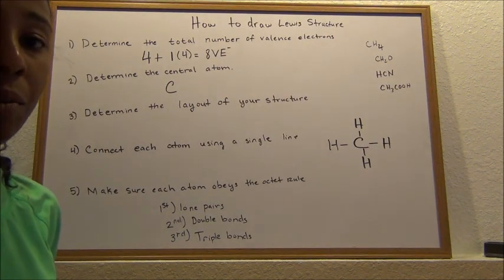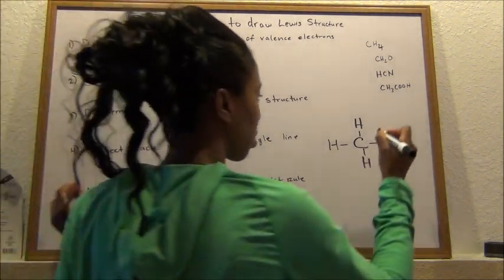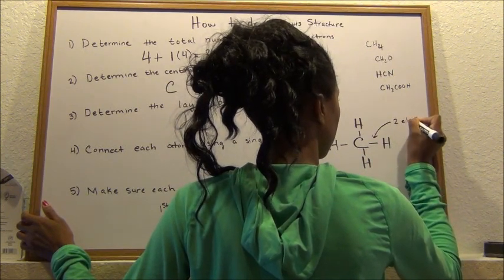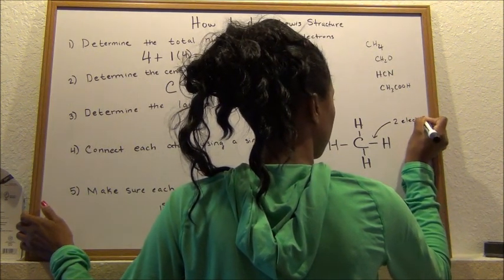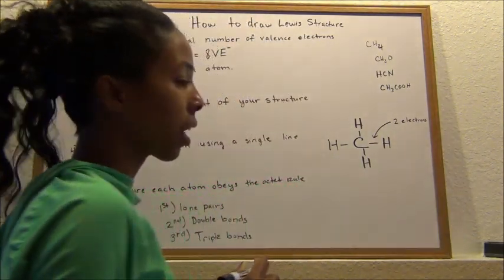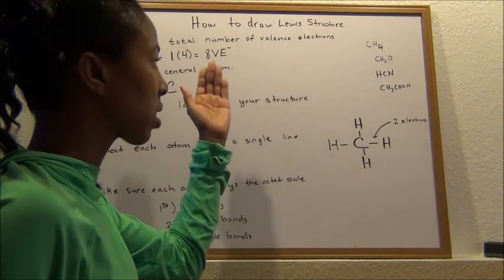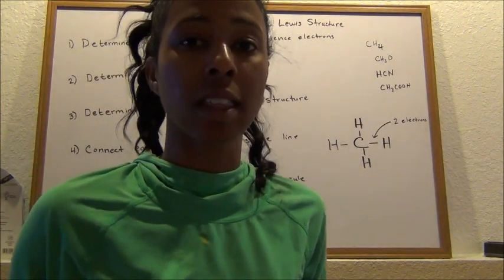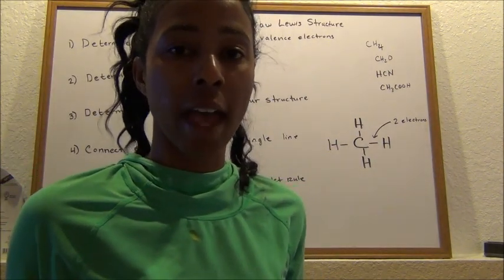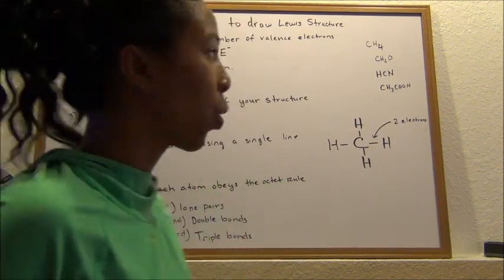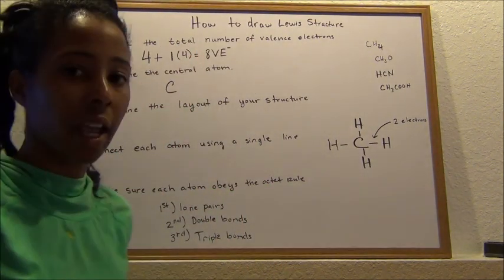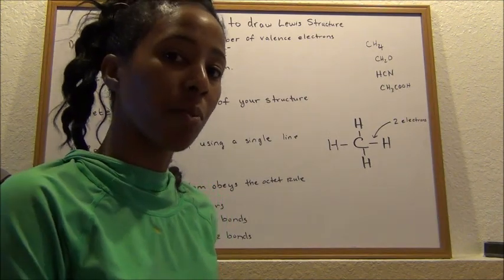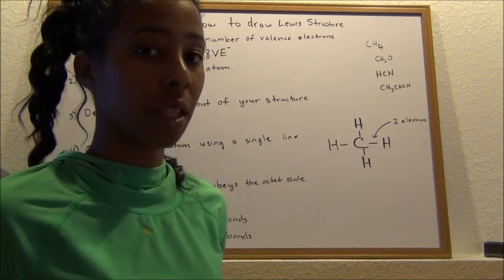Now, each line represents 2 electrons. The valence electrons tell us the maximum amount of electrons that that particular molecule has. So we cannot use more than 8 electrons. We can't use any more or any less.